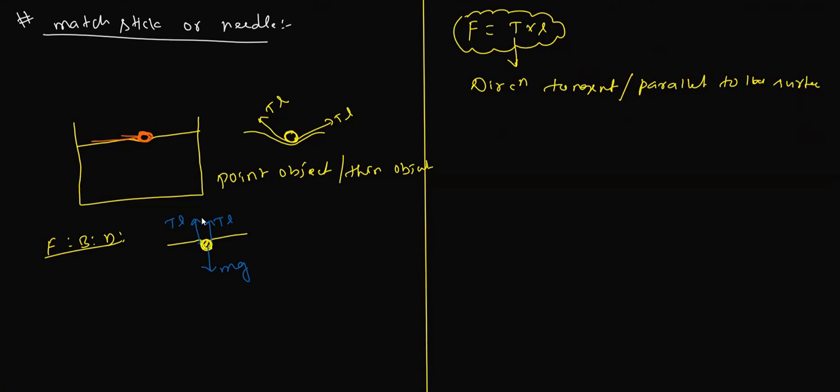So TL plus TL is 2TL. Therefore, 2TL equal to Mg. F equal to 2TL, you got it, and that is balanced by Mg.